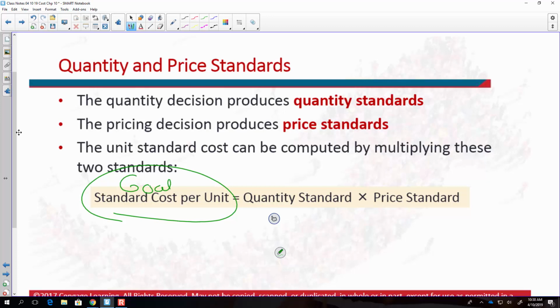And since it's a standard, like we talked, we want to compare this to actual cost per unit. And that's how we learn, right? That's how we know if we're off track, off step, and we need to change something.